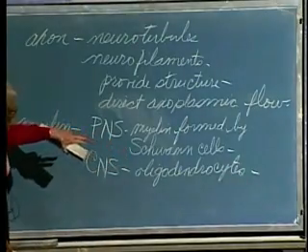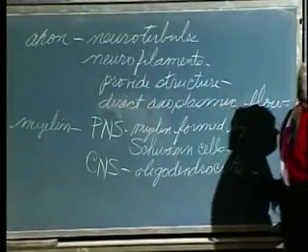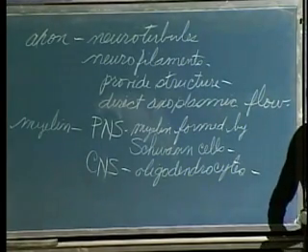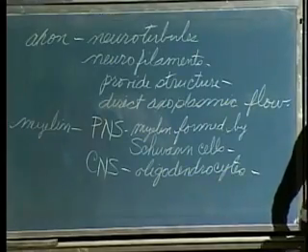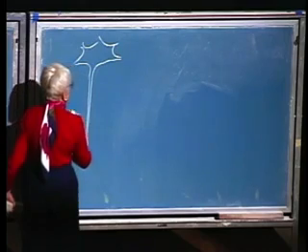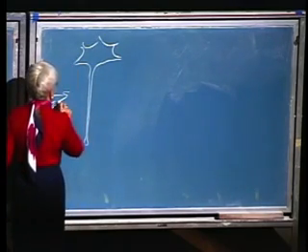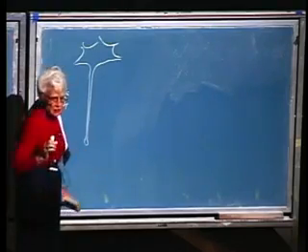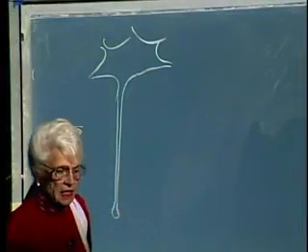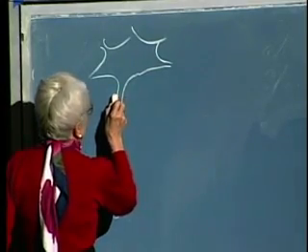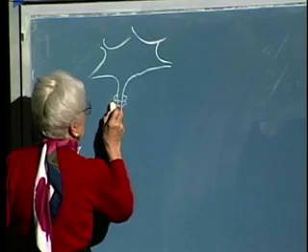So a Schwann cell, let's put our typical neuron in here. And this is our axon. We'll see that many Schwann cells can myelinate a single axon. And we'll put a few in here. They wind around.